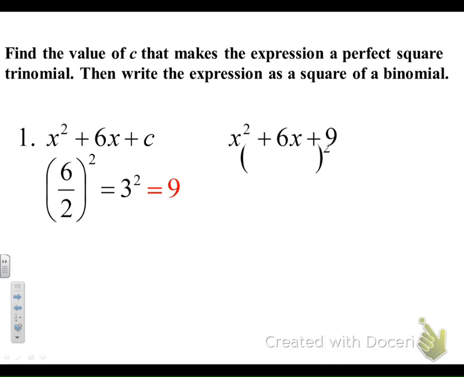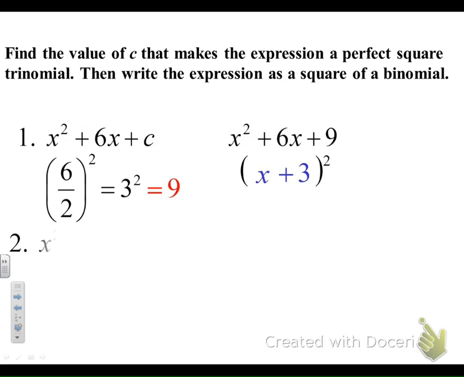It's something in parentheses being squared. If I were to factor this, what multiplies to 9 and adds to 6, it would be a 3 and a 3, and they'd both be positive. Well, another way to write that is just x plus 3 squared.